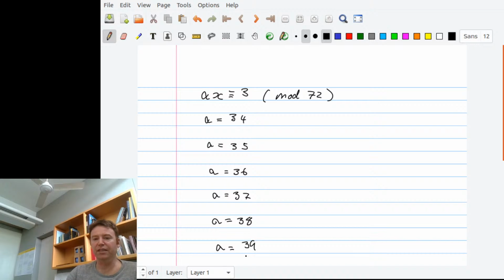All right. Now, 72, that's divisible by 6. So which of these things are... This one here is going to be fine. This one's coprime. 35.